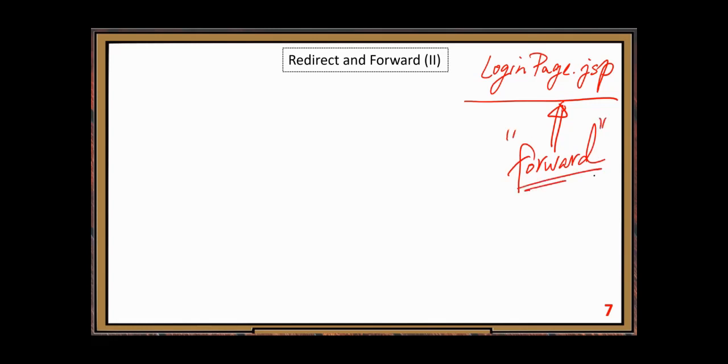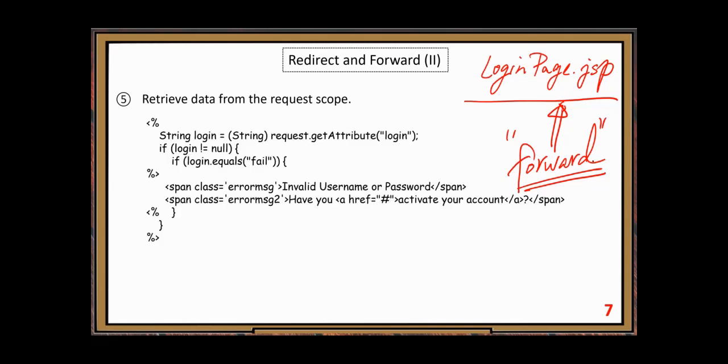We retrieve data from the request scope. Now we do this. That is the code in that login page.jsp.